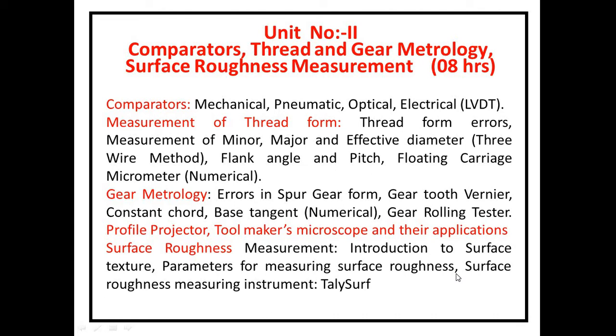After this, you are going to study the gear metrology, that is errors in spur gear form, then gear tooth vernier caliper, constant chord method, base tangent method. These are the methods to find out the thickness of a gear tooth. Then gear rolling tester, profile projector, tool makers microscope and their applications.